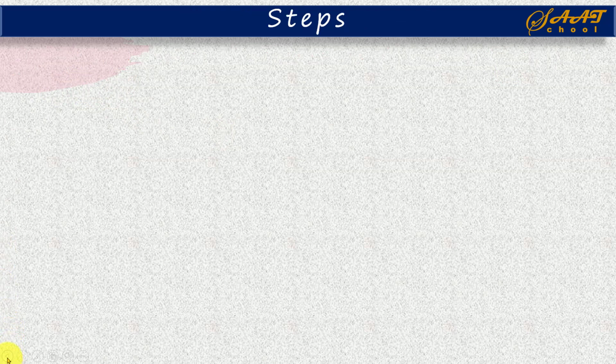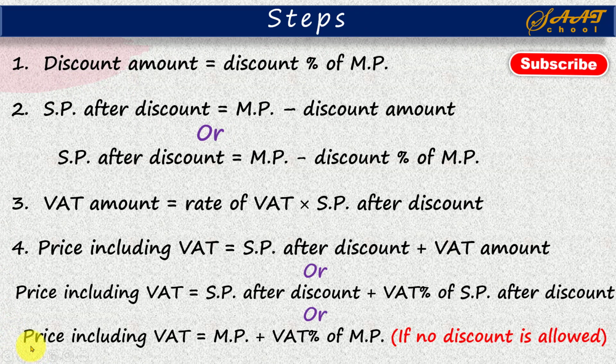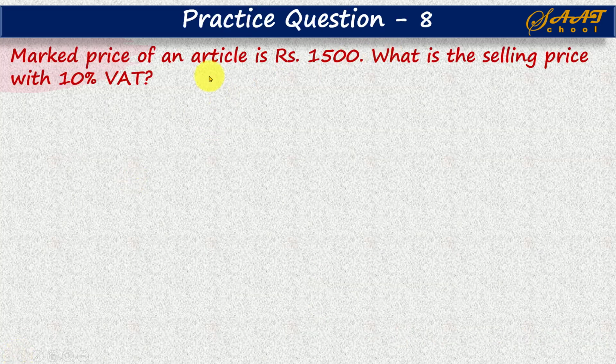In that case, we use the relation where price including VAT is mark price plus rate of VAT of mark price. Again, the question is silent about discount, meaning only VAT percent is given.